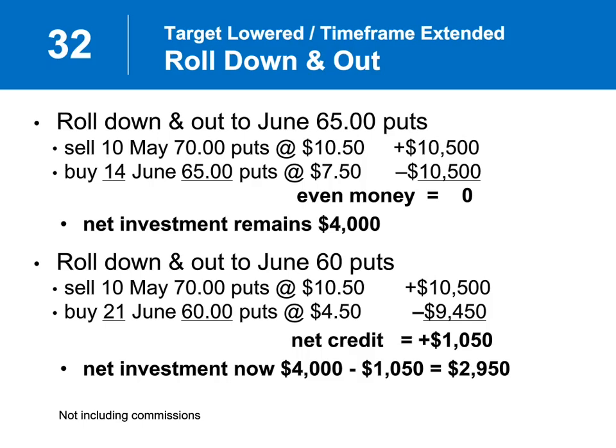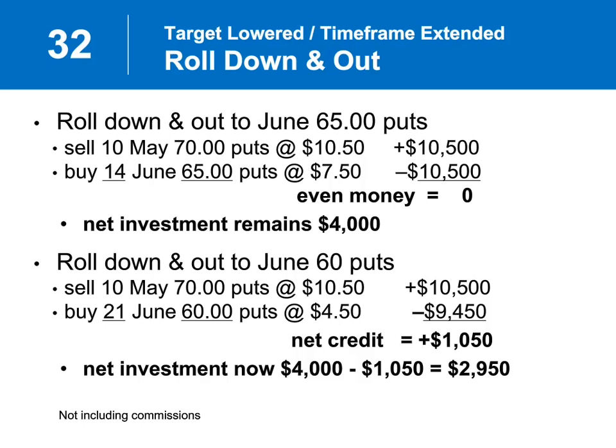We get to buy 21 of them, and with them still trading at $4.50, we get to take over $1,000 of that original $4,000 investment off the table. So if we roll down to 21 of the June 60 puts, our total investment is going to be that $2,950 rather than the $4,000.